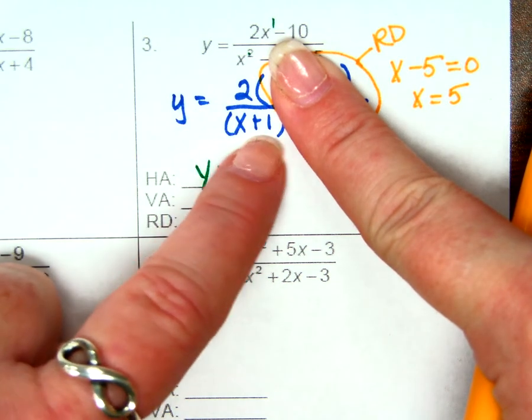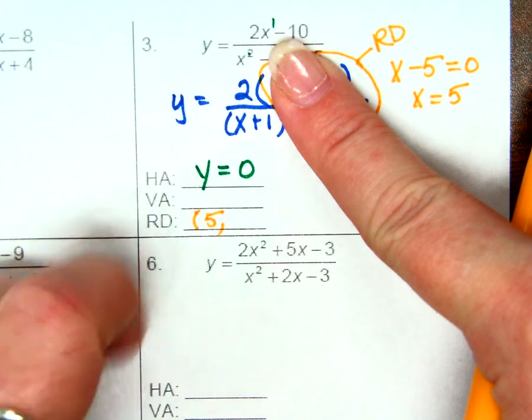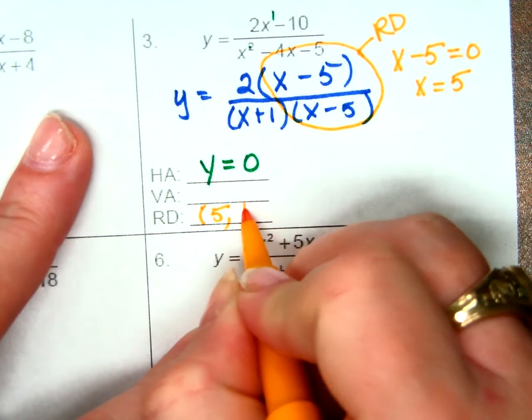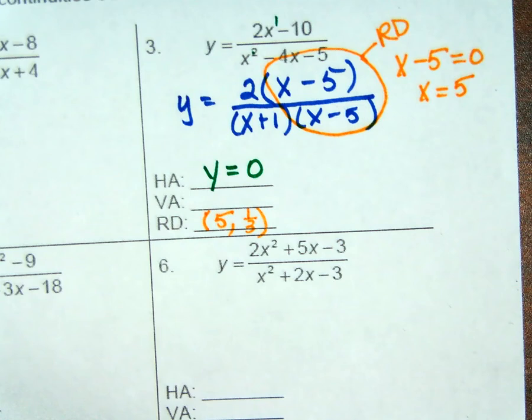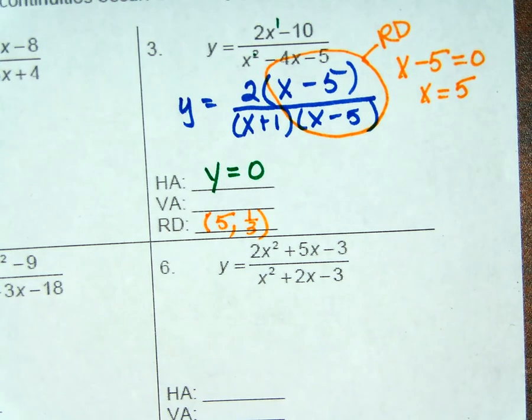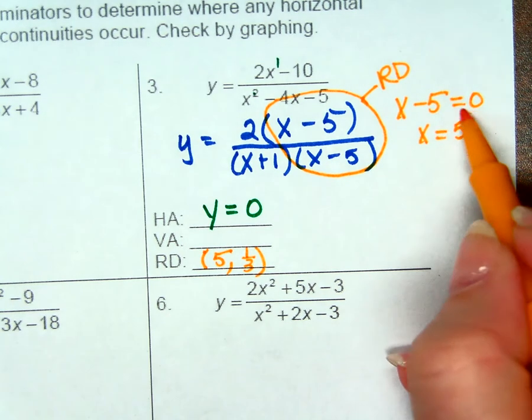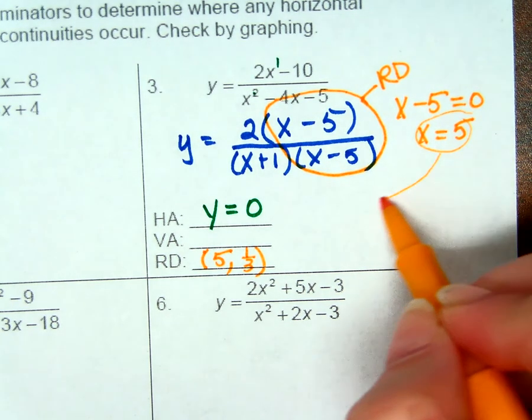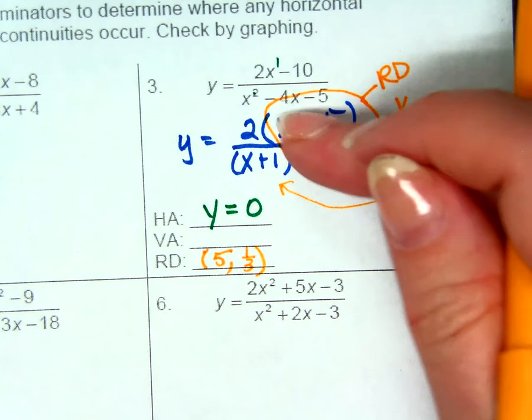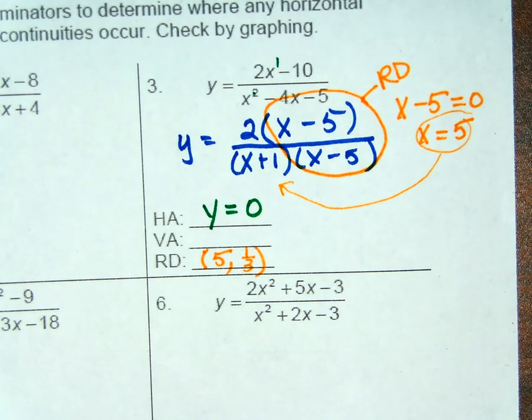What's 5 plus 1? So what's 2 over 6? 1/3. That's how I get my y value. I take this and plug it into what's left, not including the factor they have in common. Does that make sense?